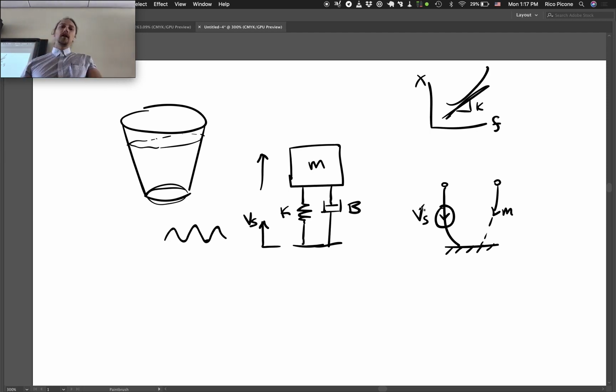So the cup velocity is the node of application, and then it connects to the mass of the fluid through two elements, the spring and the damper, right?